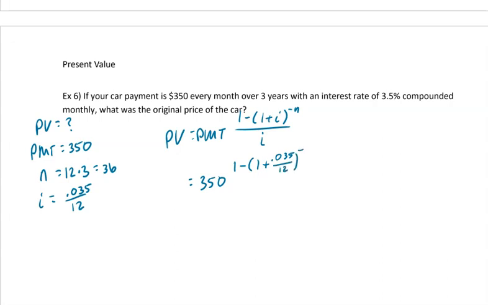Then raise that to the negative N, so negative 36. Divided by I again, so 0.035 over 12.